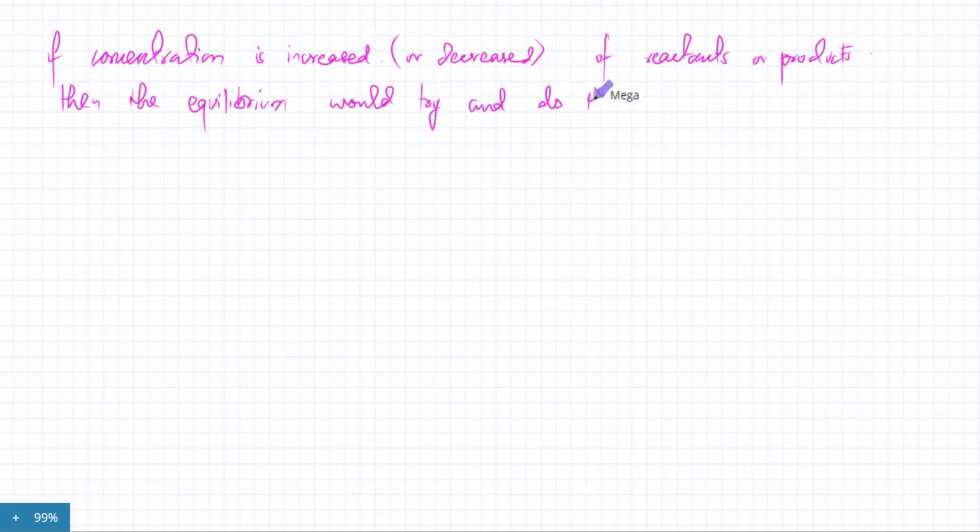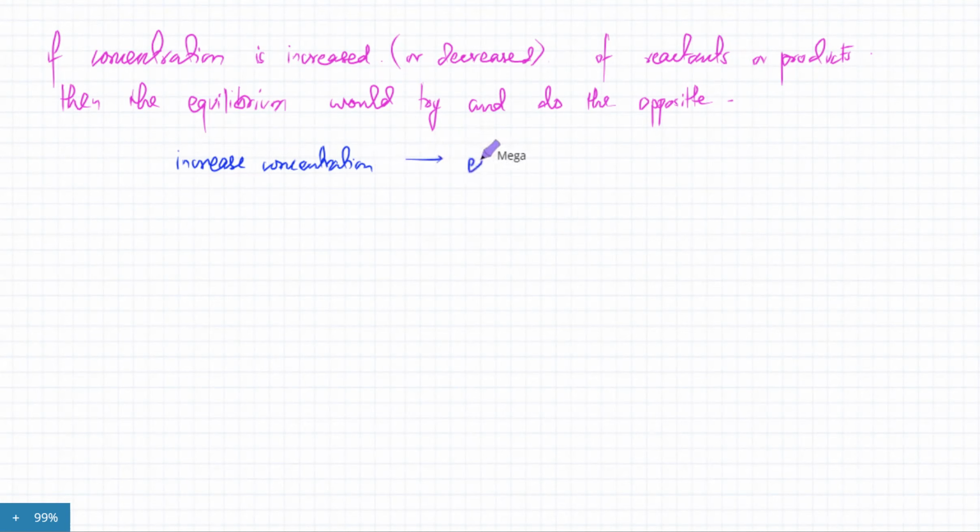And it's going to be the exact opposite that it's going to try to do. What that means is, if you try to increase the concentration of anything, and keep this in mind, we're talking about concentration, what would the equilibrium do?